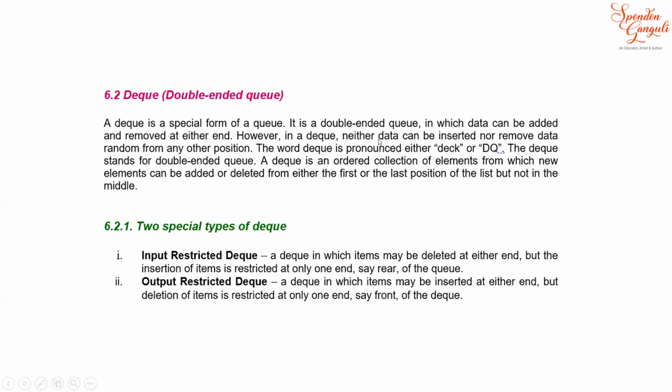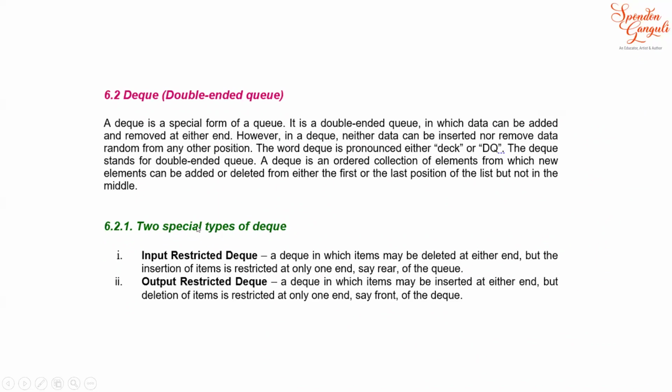However, in a Deque, data can neither be inserted nor removed at a random position. The word Deque is pronounced as Deque or DQ. The DQ stands for double-ended queue. A DQ is an ordered collection of elements from which new elements can be added or deleted from either the first or the last position of the list, but not in the middle position.